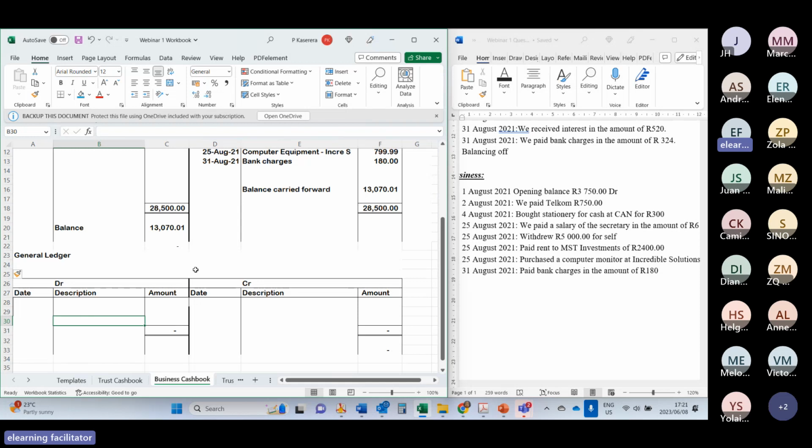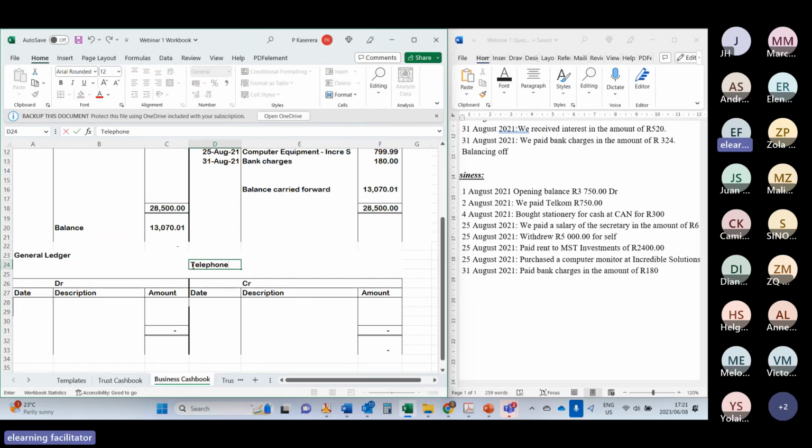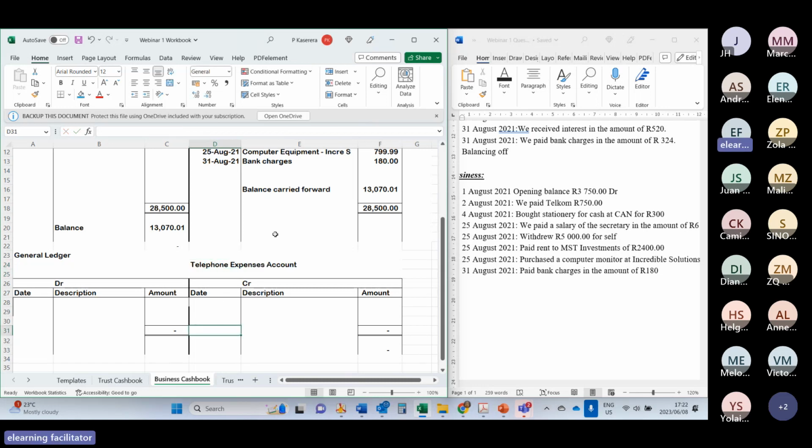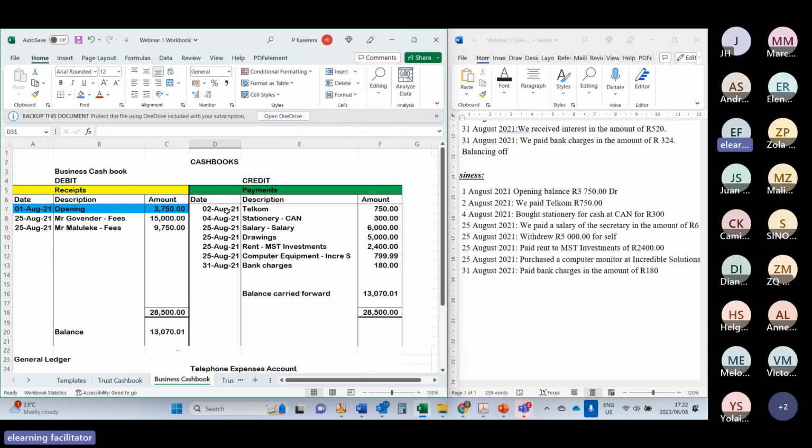Our expenses are posted in a general ledger. In this case, we said we paid Telkom. I am just going to assume that we had not created it as a creditor. If you check in our cash book, we've paid, it's on the credit side, on the payment side.